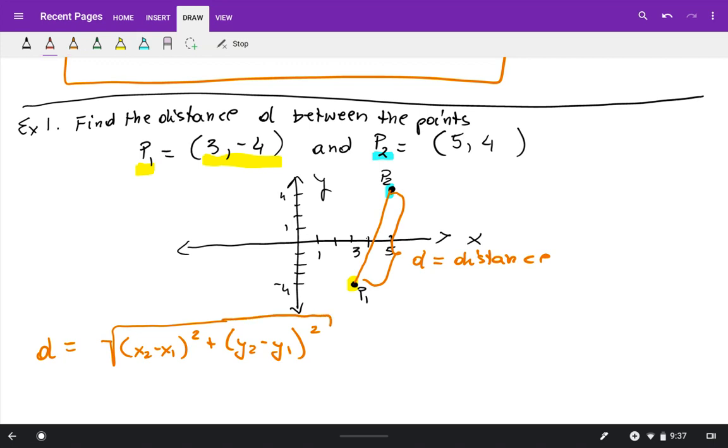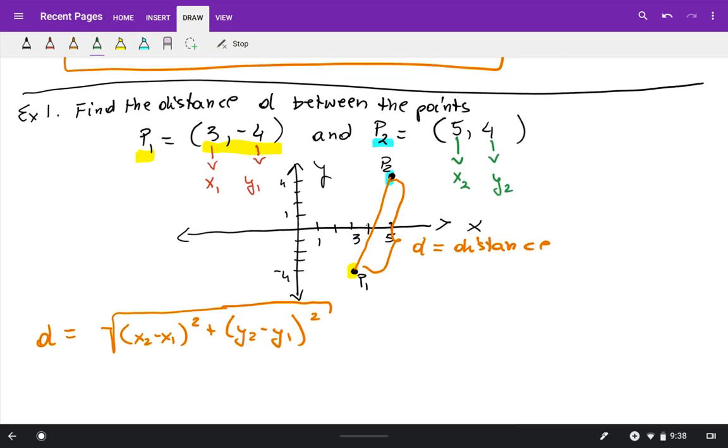The first point P1, 3, represents x1 from the formula. -4 represents y1 from our formula. Now, for point P2, our second point, 5 represents x2 from the distance formula. 4 represents y2 from the distance formula.